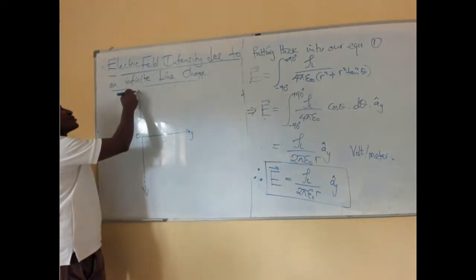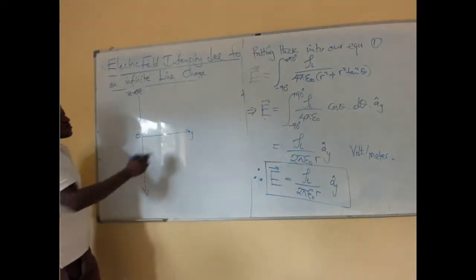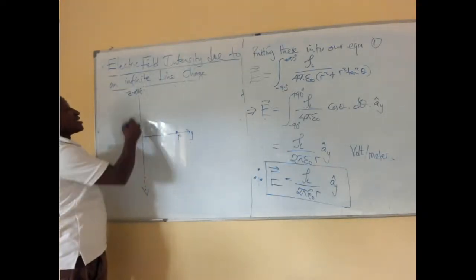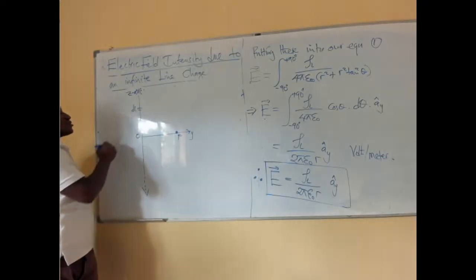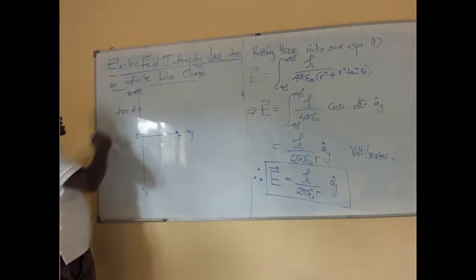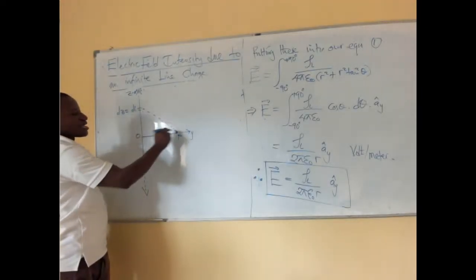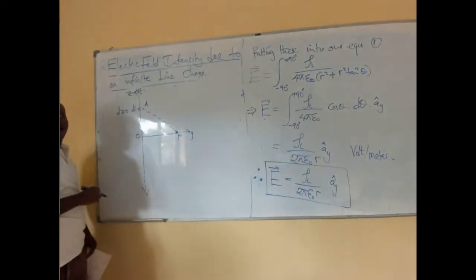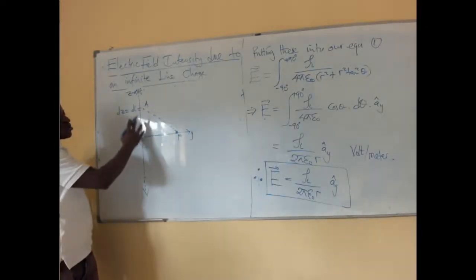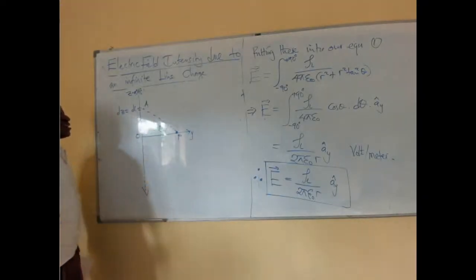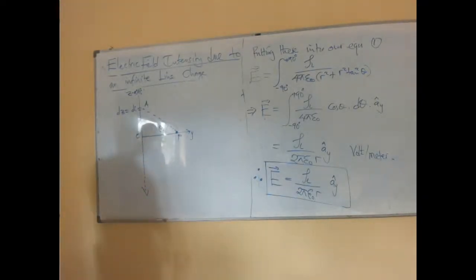This becomes your z-axis. And then from there, you place your point there. Then you have to cut some dl, which of course is the same as dz in that way. Then you are able now to produce that. You make that your point A, and then from there you can do all these calculations that you're supposed to do. So this is what is very, very important.